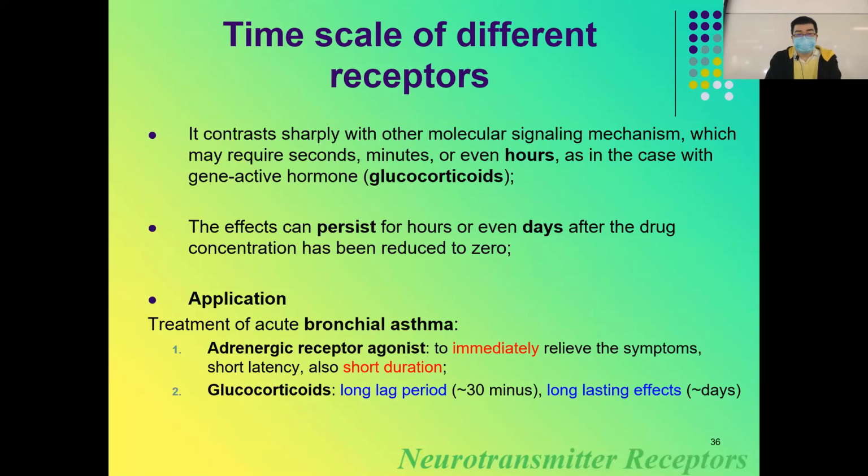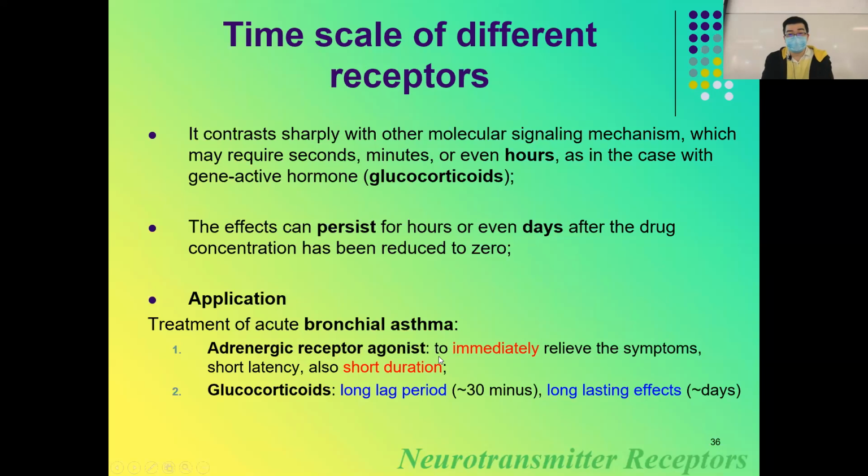Now, in the treatment of asthma, maybe you have seen it before. It's like an aspirator thing that you suck up into the trachea. Now, actually, those contain drugs, two major ones. One is the adrenergic receptor agonist.